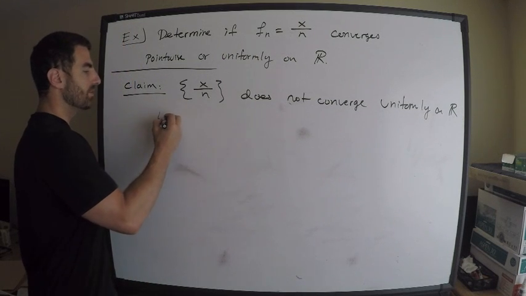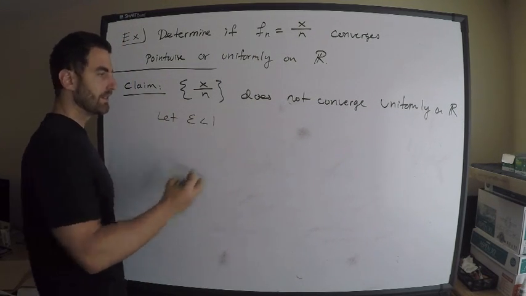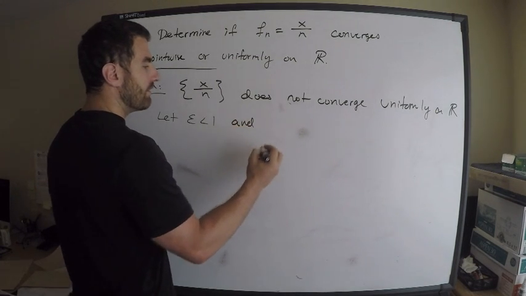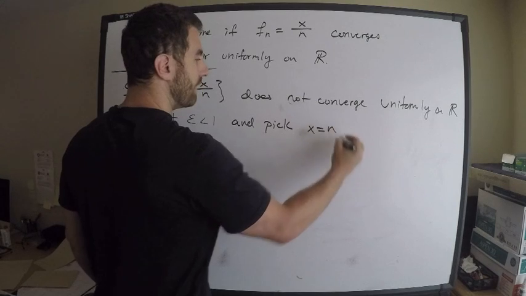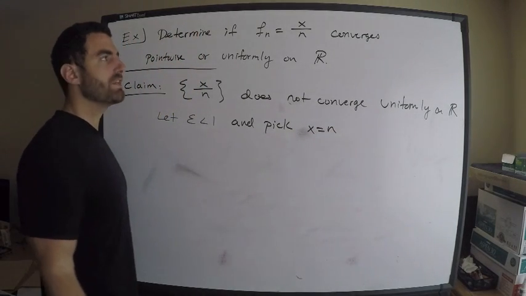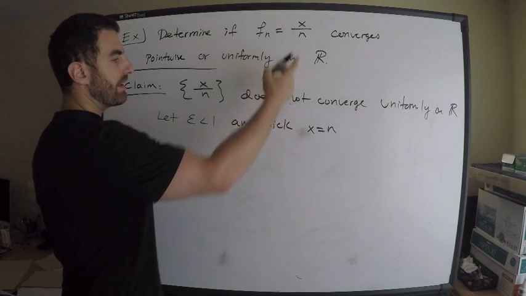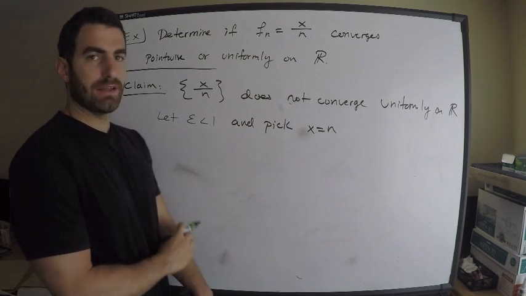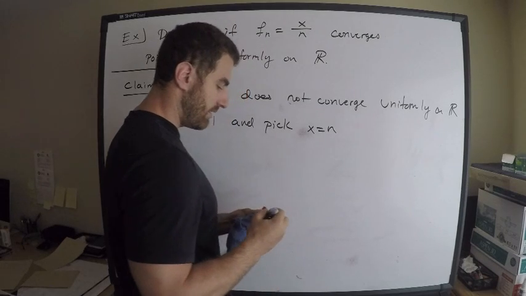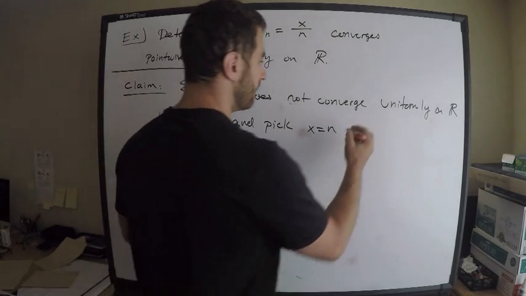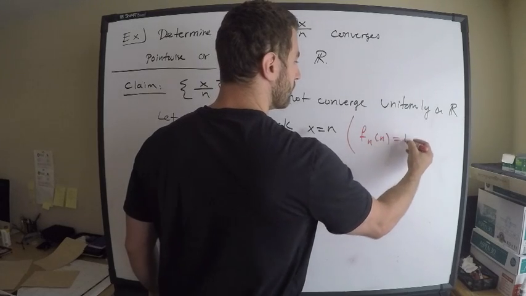We're going to let epsilon be less than 1, and we can pick x equals n. This is pretty clear, I think, what happens here. F sub n of x with x as n is equal to 1. In other words, Fn of n is equal to 1.